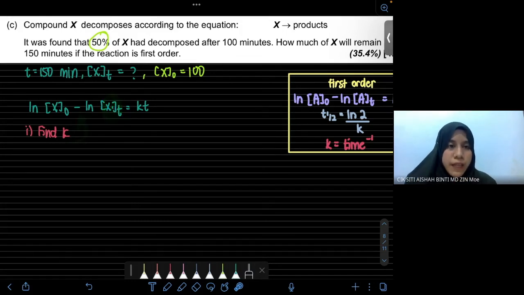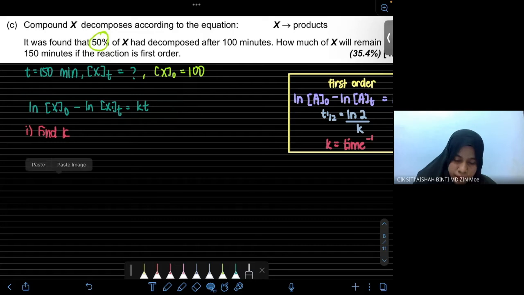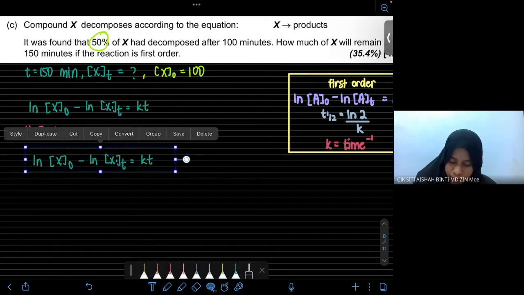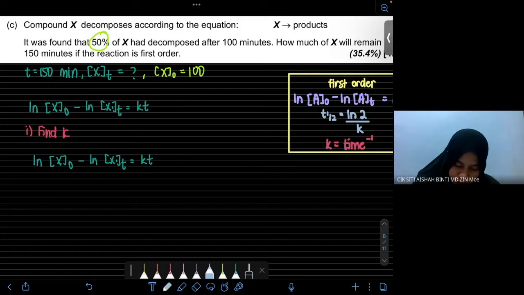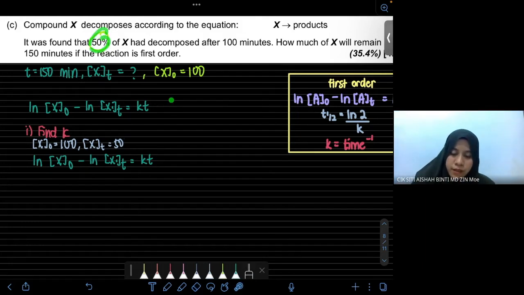How to find k? It says here that 50% of X has decomposed after 100 minutes. So this is the information we have from here. We can use the same formula. This time, the information we have is X naught is 100, but our current X is 50. Why 50? Because it has decreased by 50%, so what is left is 50.